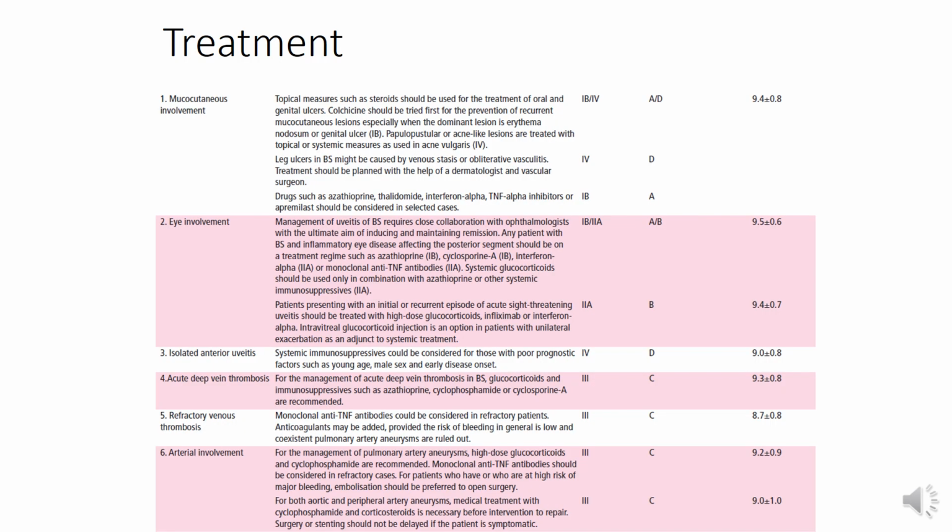For mucocutaneous involvement, topical steroids and colchicine are used. For eye or vascular involvement, immunosuppressants or TNF-alpha blockers.